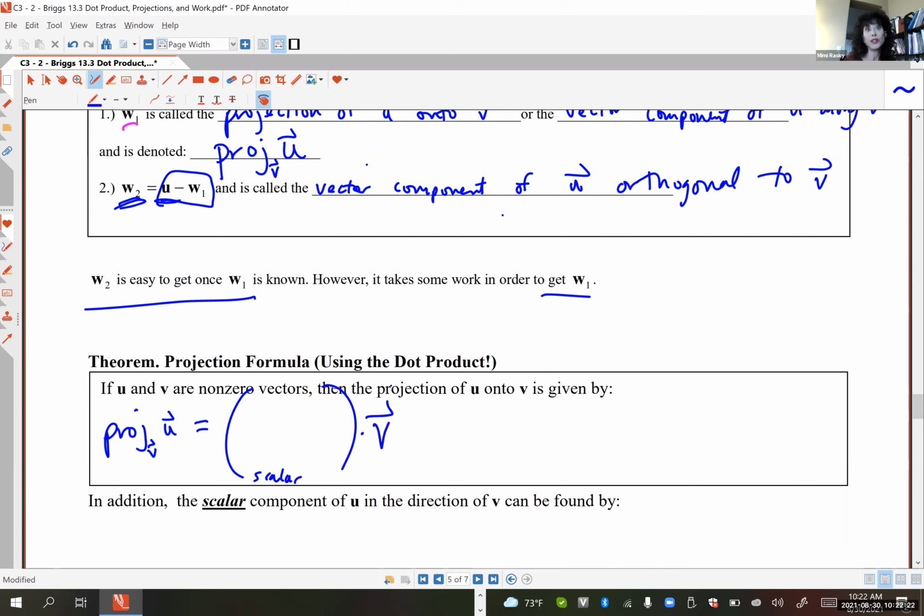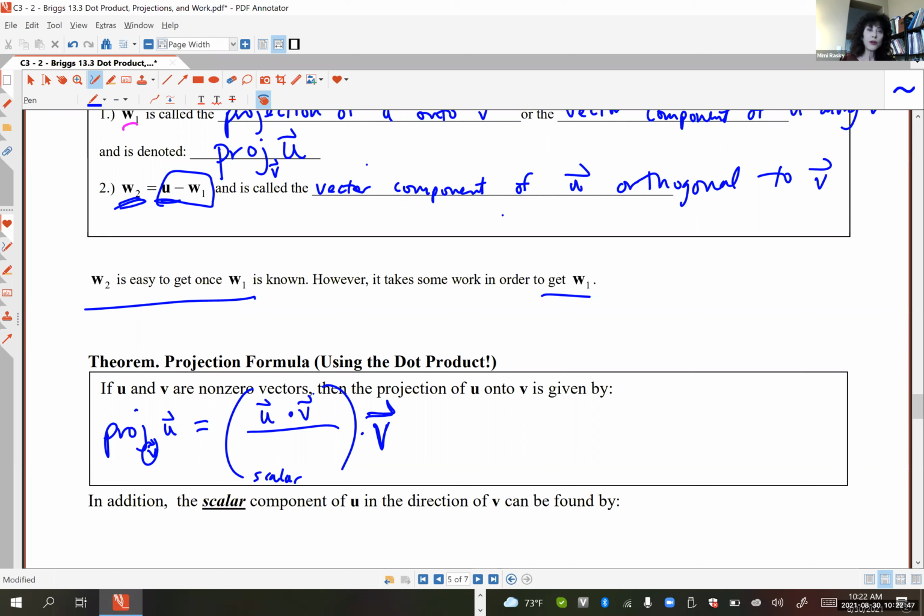So the end result is a vector. And the vector that you're going to multiply the scalar with is V. It's the vector that you're projecting onto. So don't get this backwards. So this scalar is going to be a fraction. The numerator will be the dot product of U and V. Aha, there's another application of dot product.